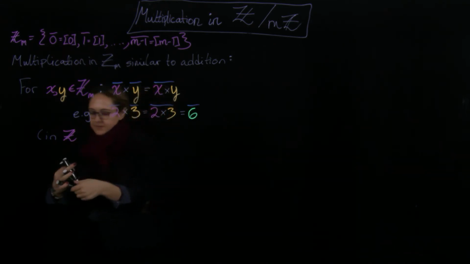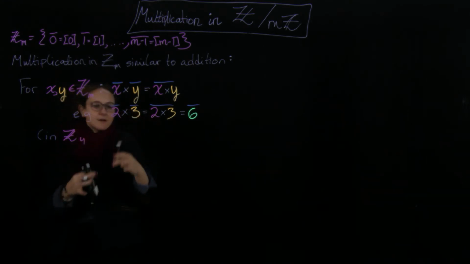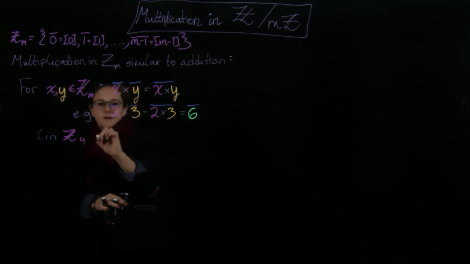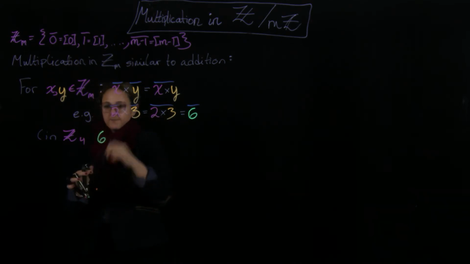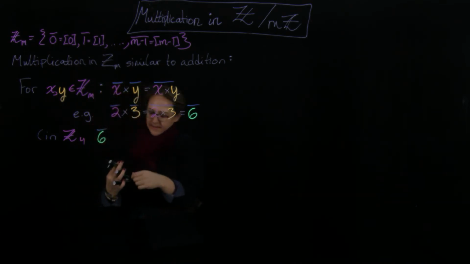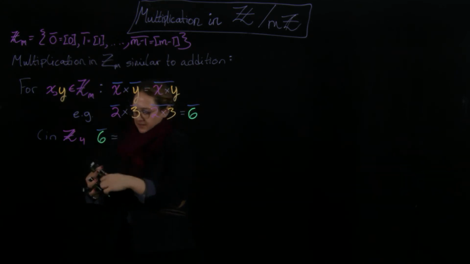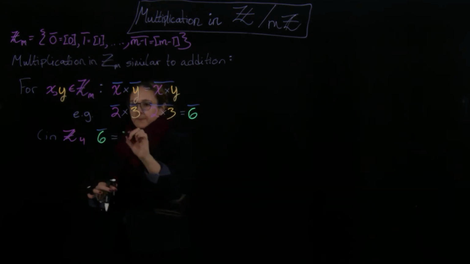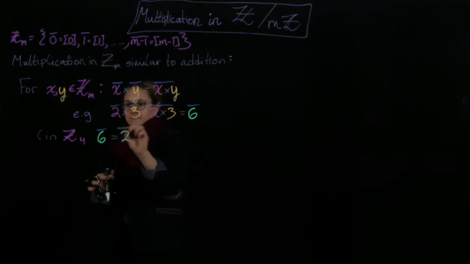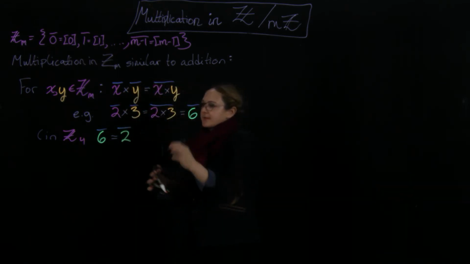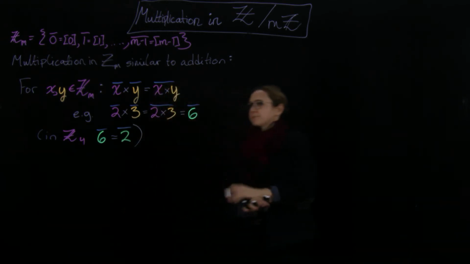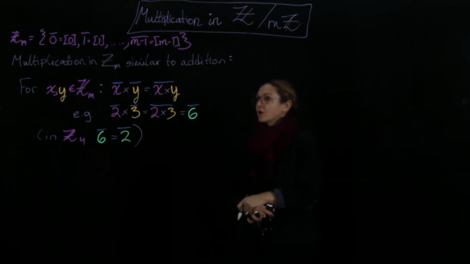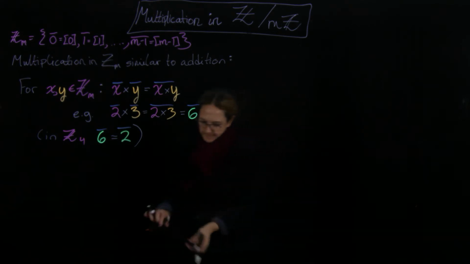Okay, so let's do Z4 instead. So in Z4, we have 6 bar equals 2 bar. That's how we would want to write it. So this whole thing would be the same thing as 2 bar, which is kind of cool. Great.